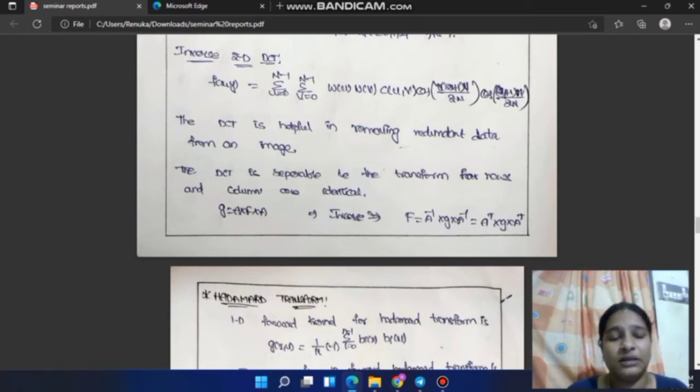The discrete cosine transform is helpful in removing redundant data from an image.